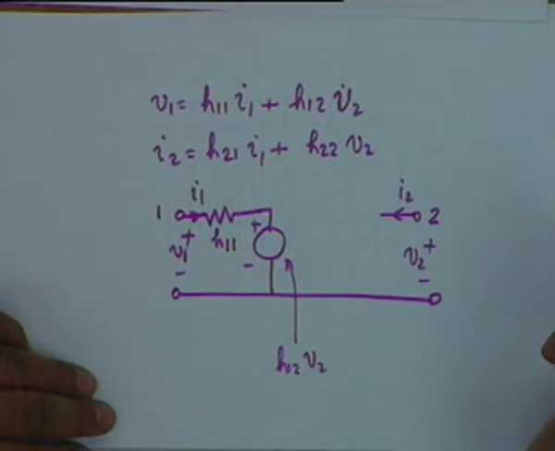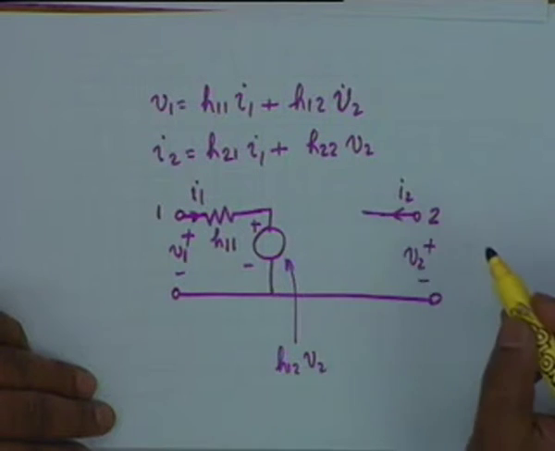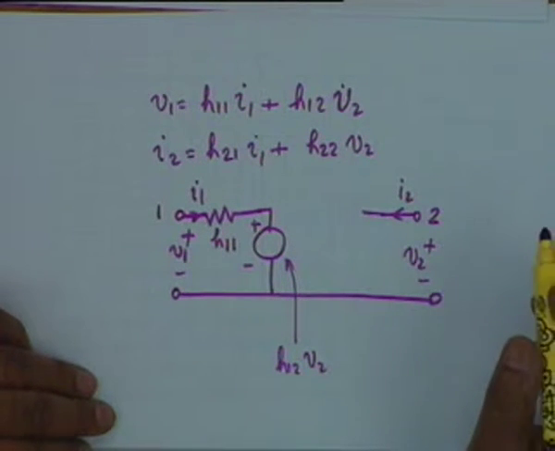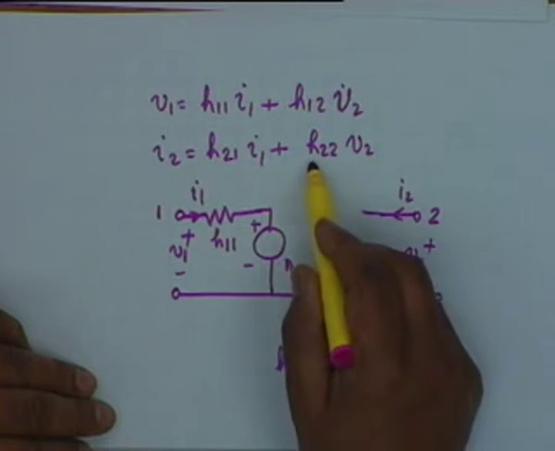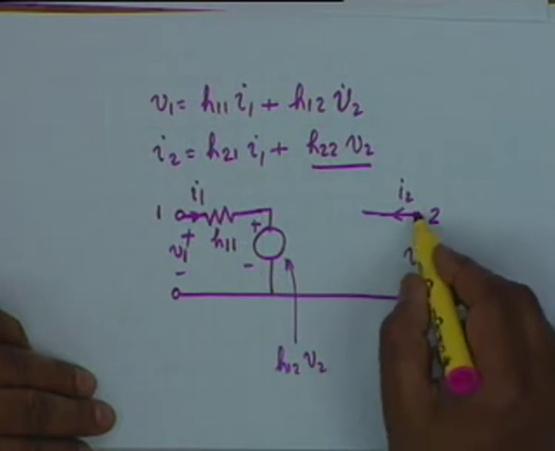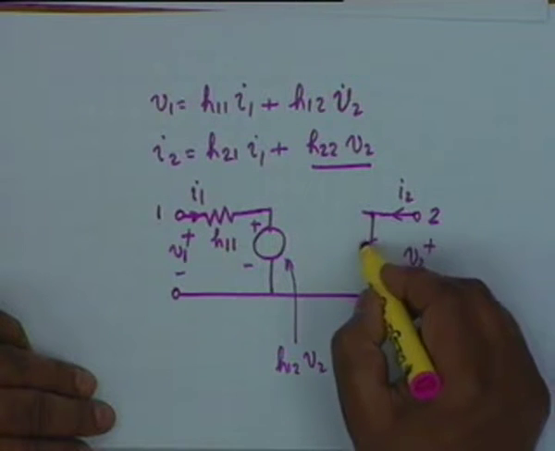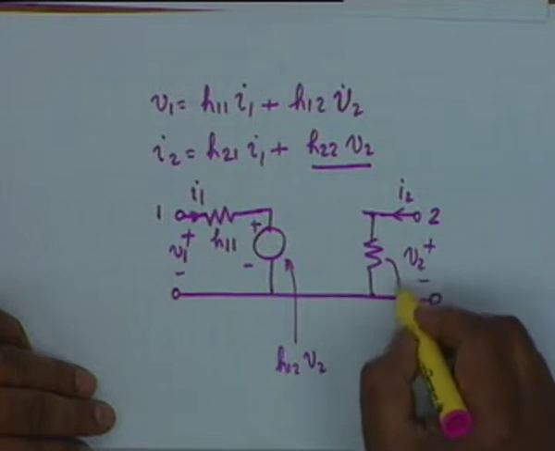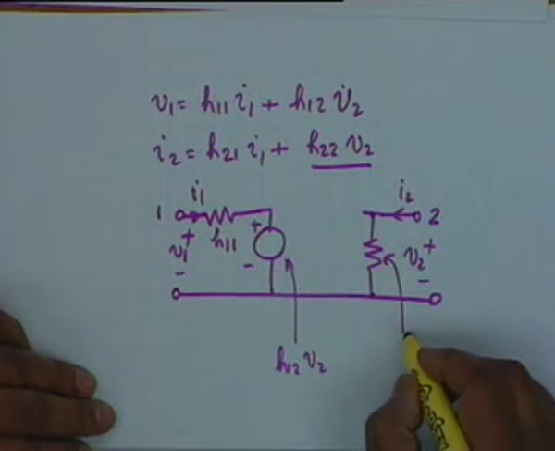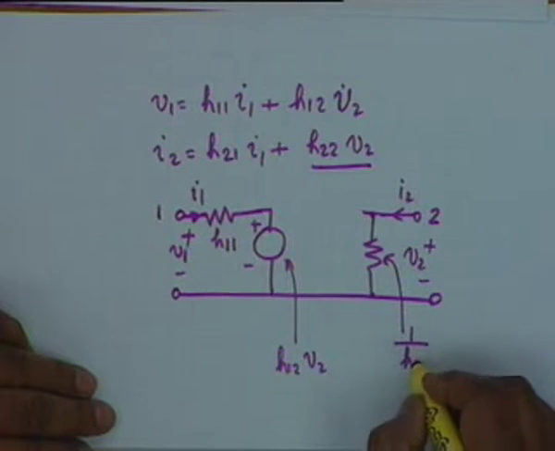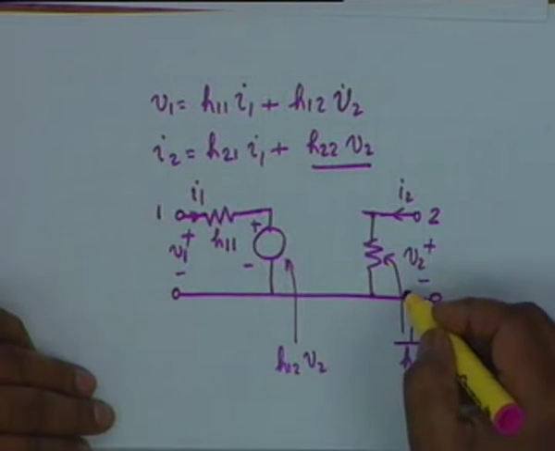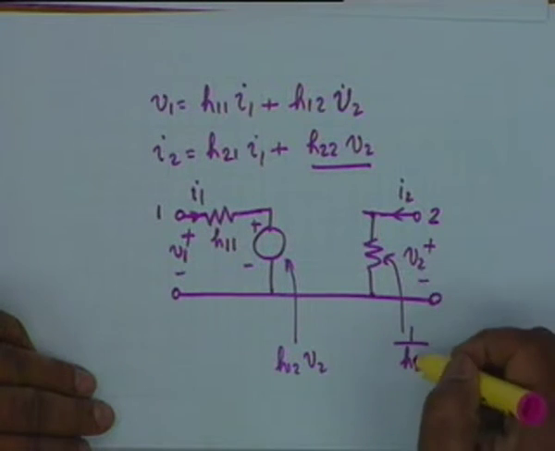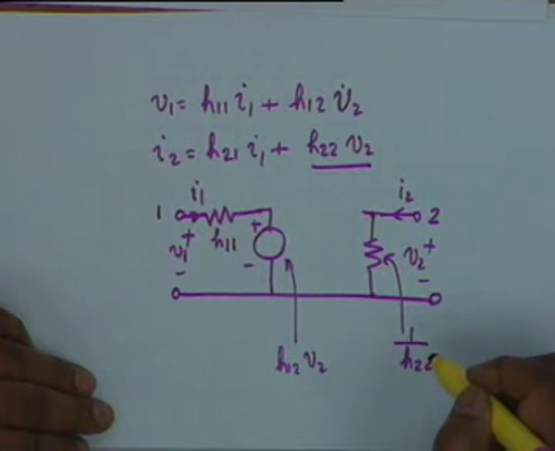In a similar manner, I2 has 2 components. One flows through a resistance of value 1 over H22, so that H22 is its admittance.